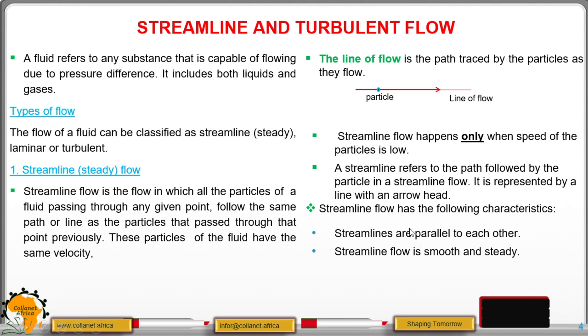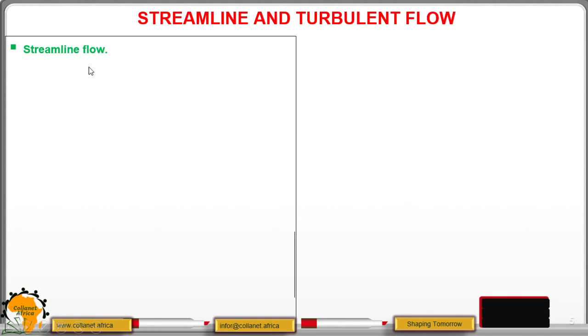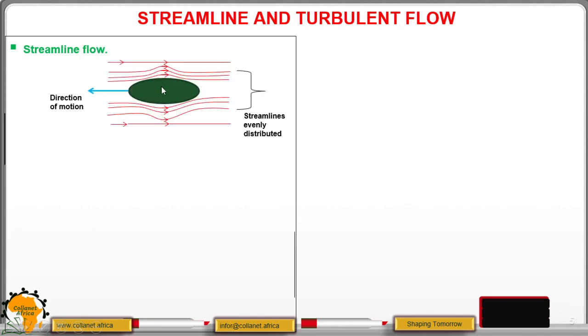In streamline flow, there is no eddy current. If we have this body cutting through the streamlines this way and moving in this direction, you can see the streamlines are uniformly distributed. They are not meeting at a point. That's why we say they are parallel.